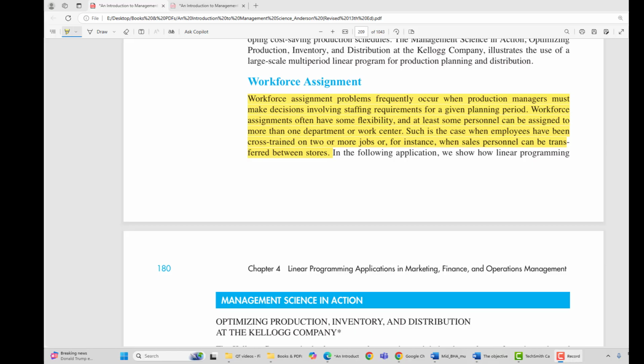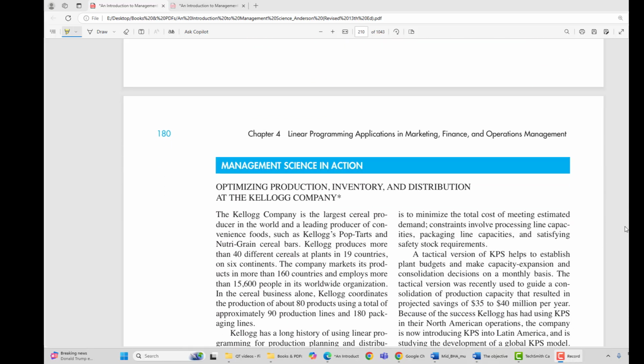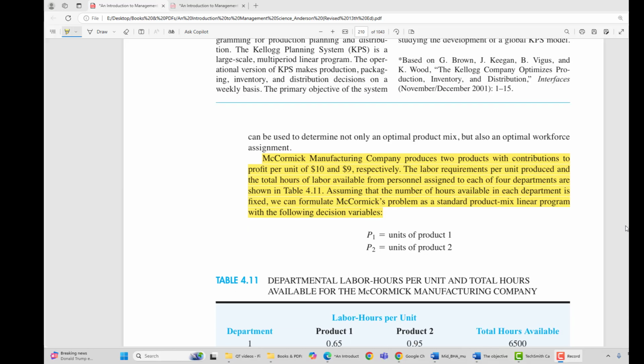So the problem in front of us is here. McCormick manufacturing company produces two products with contributions to profit per unit of $10 and $9. The labor requirements per unit produced and total hours available from personnel assigned to each of the four departments are shown in the table.